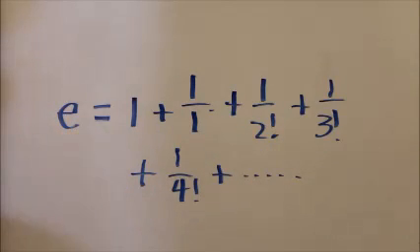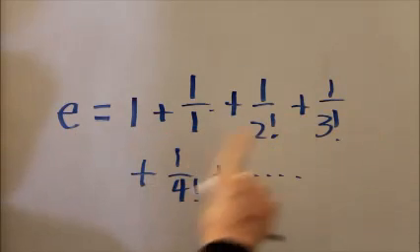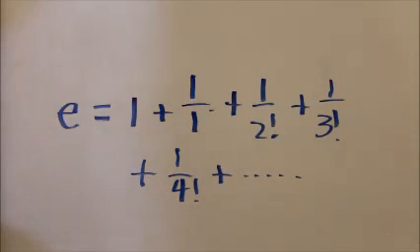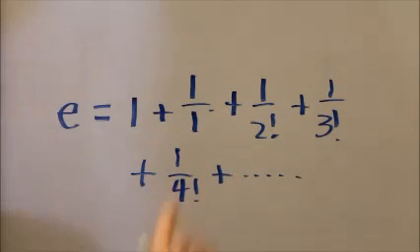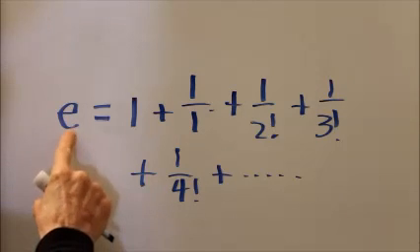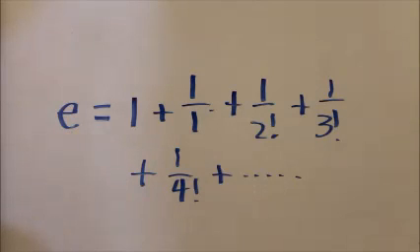You will get e. If you just run this out to a whole bunch of terms, you will find that you get a sequence of partial sums of this infinite series which converges on the value of e.